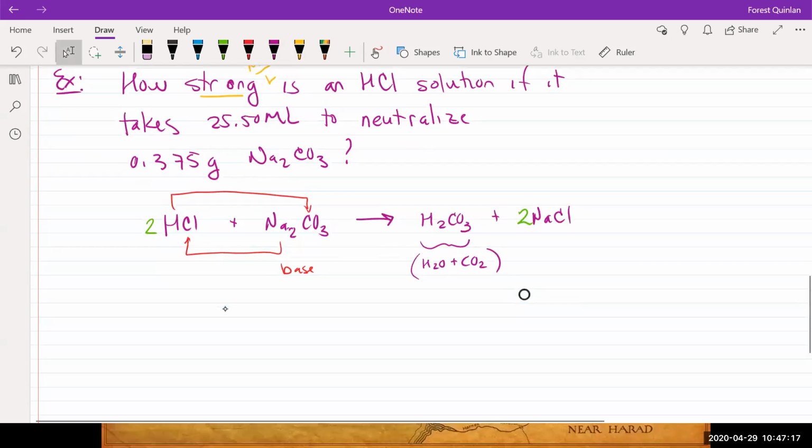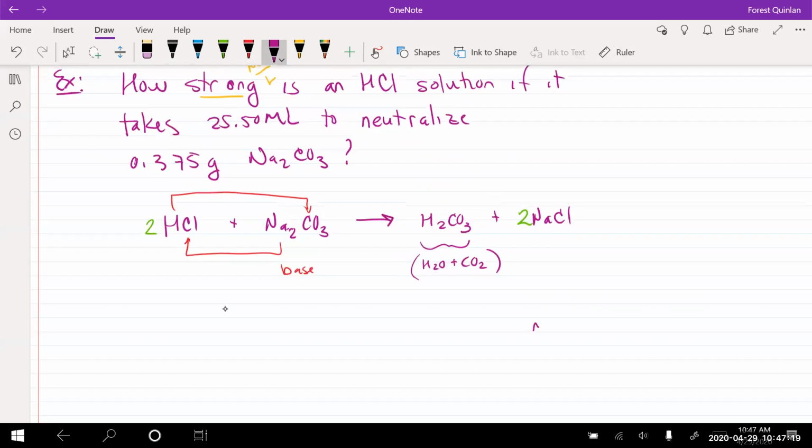So we want to go to moles of HCl per liter of HCl. Is there anything that already looks like the volume of HCl? Yes, 25.50 milliliters. So we can clearly get that down here.